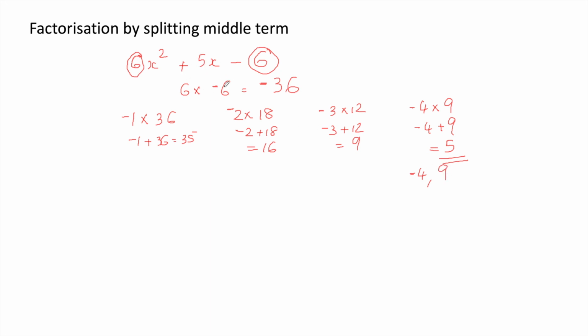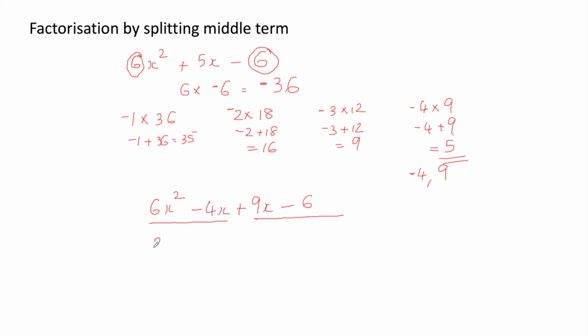Now we can split the middle term: 6x square, and 5x we can write as minus 4x plus 9x, minus 6. Only the middle term is changed. We are using these factors to split the middle term. Now we group it and take the common factor out.